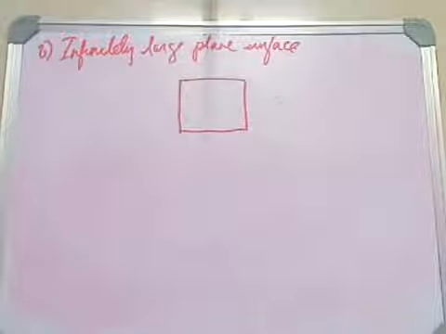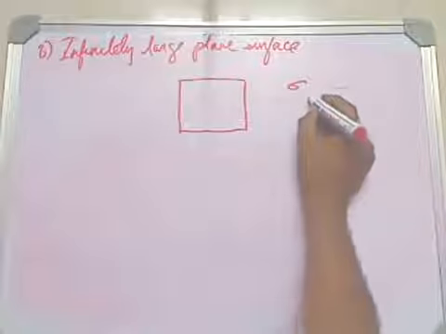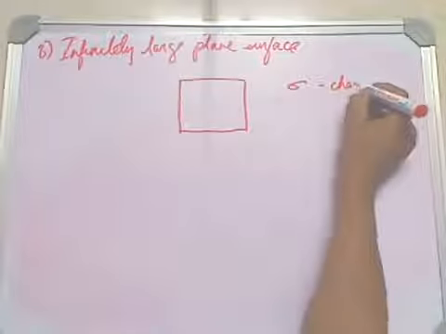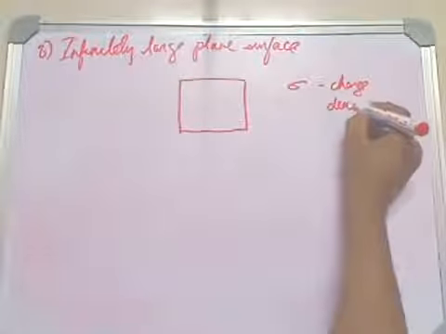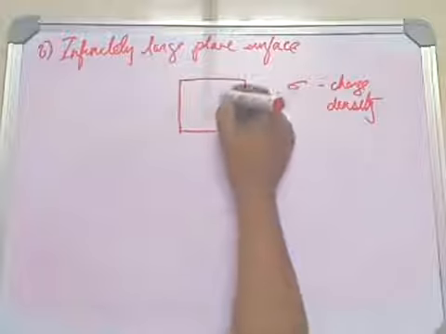So for an object which is infinitely large, you consider sigma, small sigma, as the charge density. Okay, you consider the charge density as sigma.